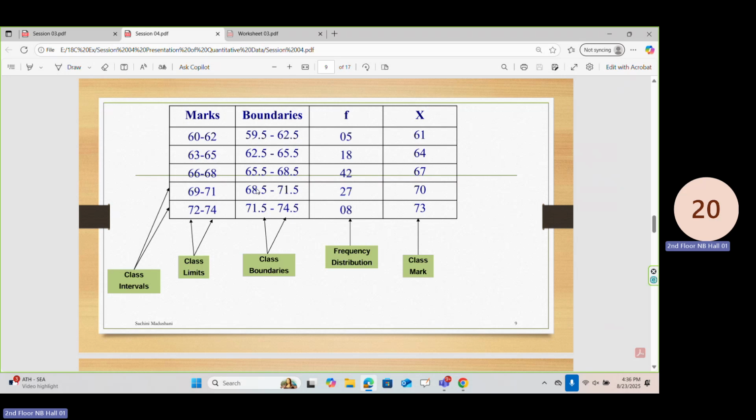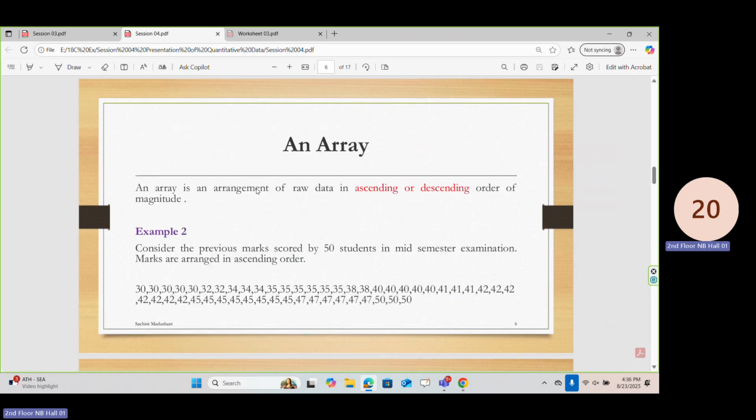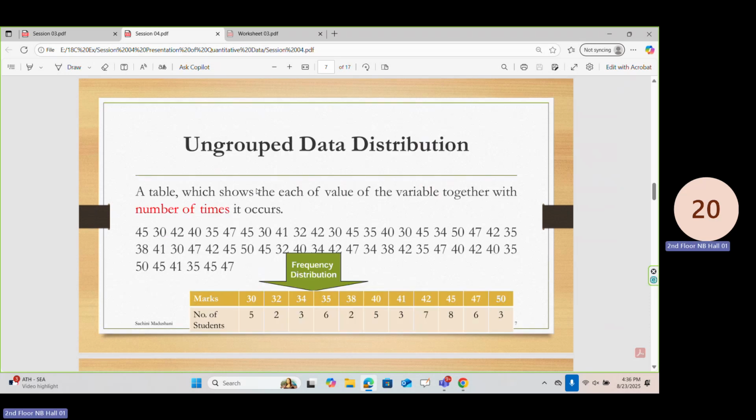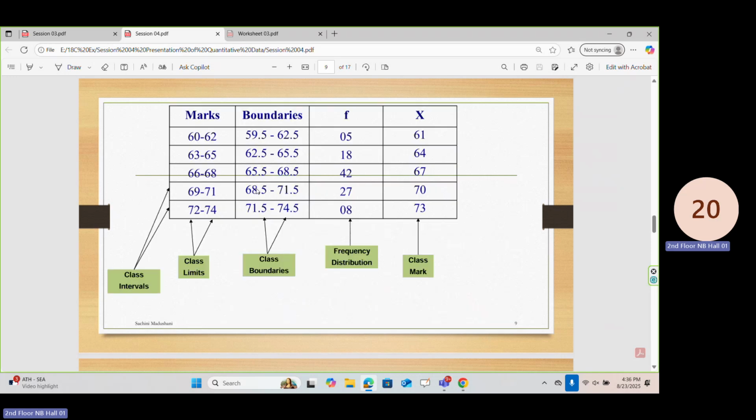We can only say that 60 to 62 marks are there, but we cannot say which mark. In the ungrouped one and the data array, we can identify. In the ungrouped one, we can identify that 5 students got 30 marks, 2 students got 32 marks. Clearly we can identify. But here we cannot.